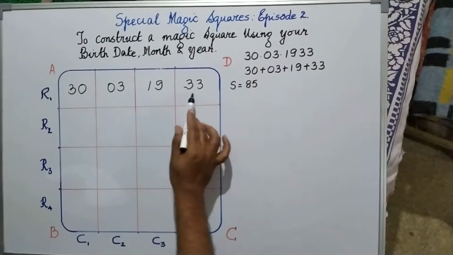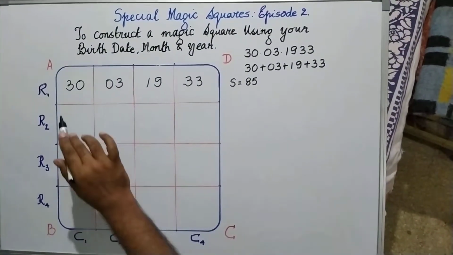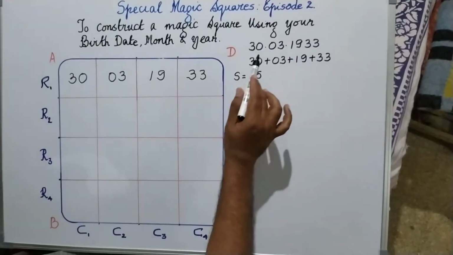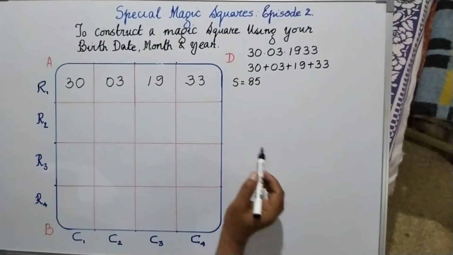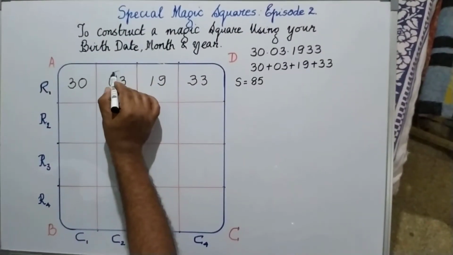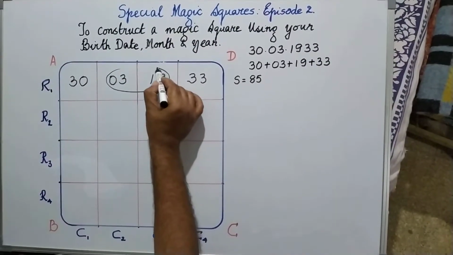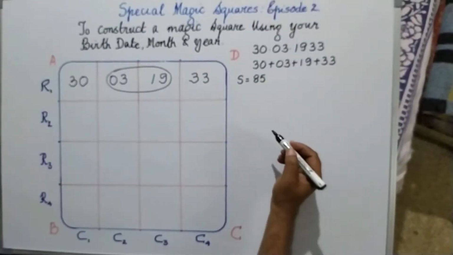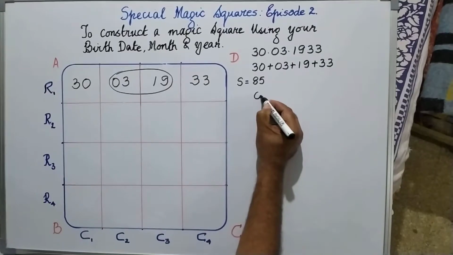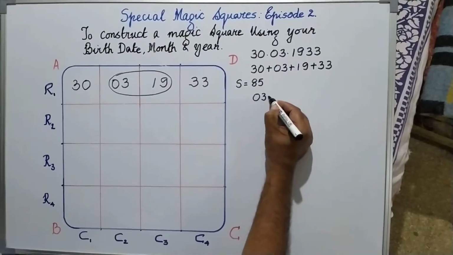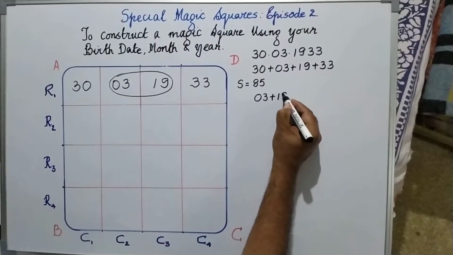After I fill the first row, all the 4 grids with the numbers that I have chosen, I will take the 2 grids at the center, and I will have the numbers in those 2 grids as 3 and 19.